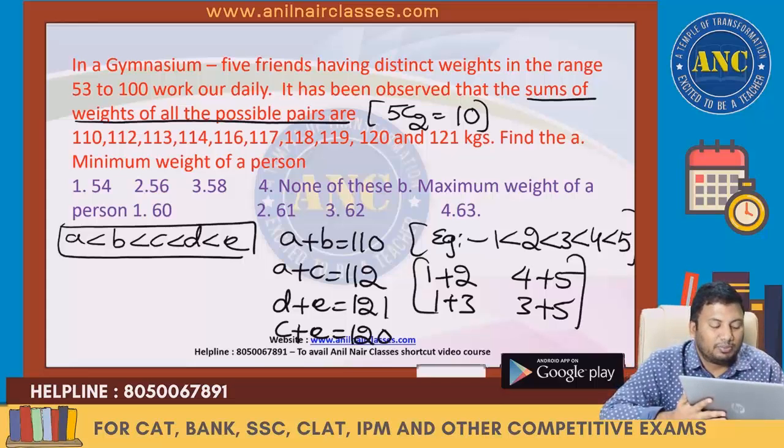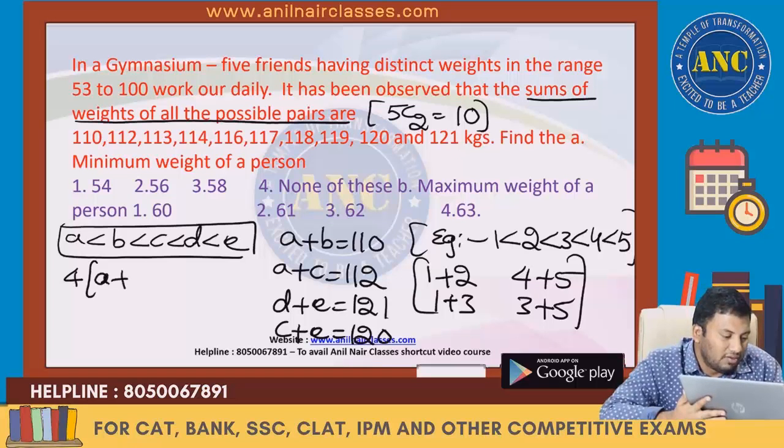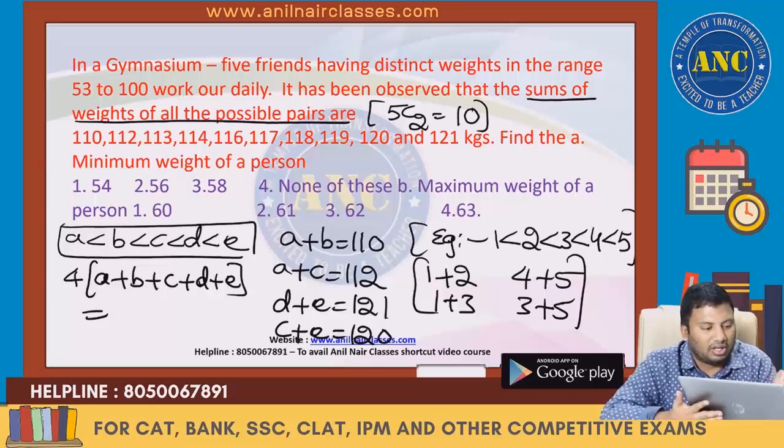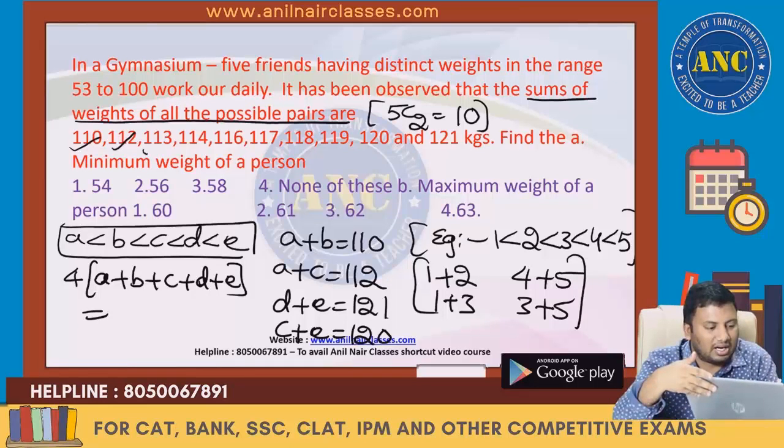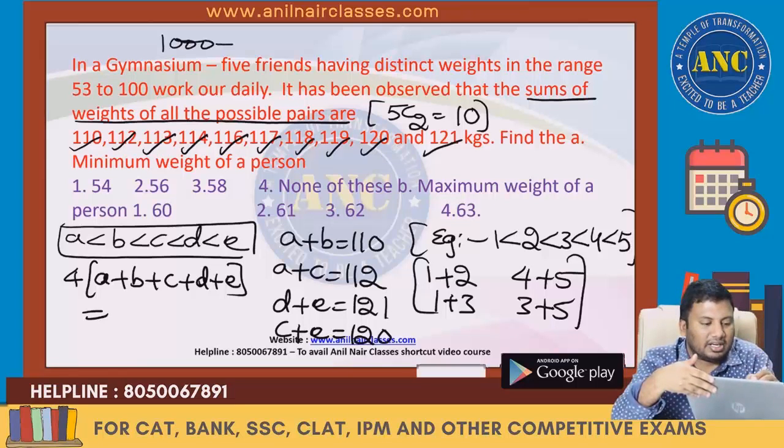A is added with B, A is added with C, A is added with D, A is added with E. So total it is 4 into A plus B plus C plus D plus E. It is nothing but adding all the values. 100 is added 10 times, 1000. Then 10, 20, 30, 40, 50, 60, 70, 80, 100, 120.